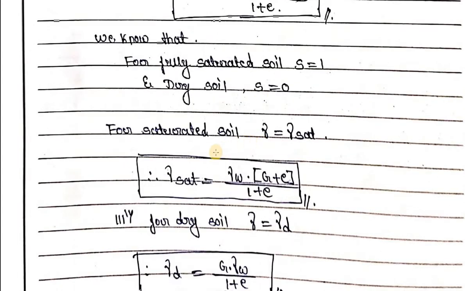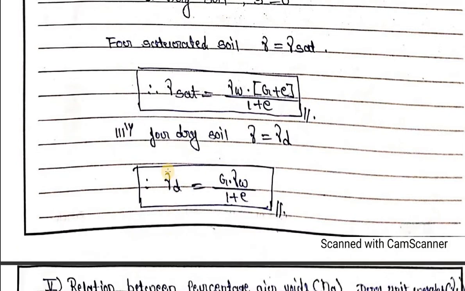Unit weight is converted to dry unit weight, because if there is no weight of water, then the total weight equals the weight of dry soil, or the weight of soil solids. That's why the regular unit weight is converted to dry unit weight, and for that we arrived at this particular formula.